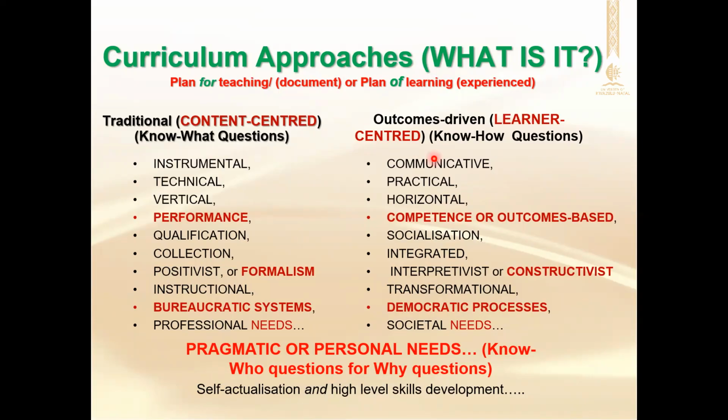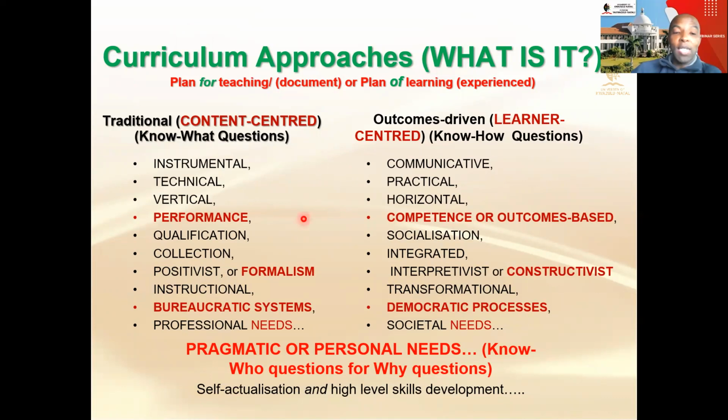These two have been competing since 1658 in South Africa, when the first curriculum was divided into two. You had the content-centered curriculum, which was called traditional curriculum, which was capable of addressing the question of what we do.